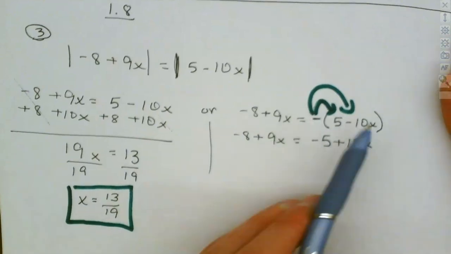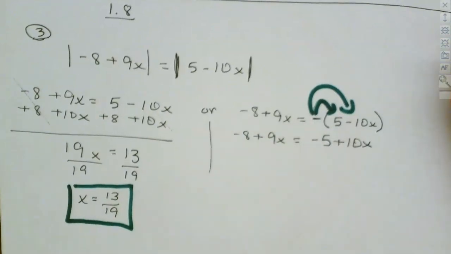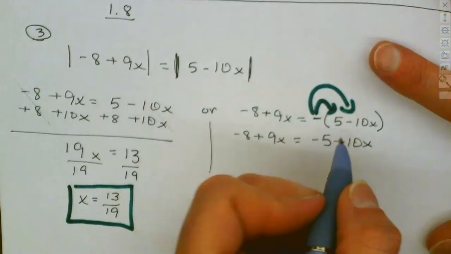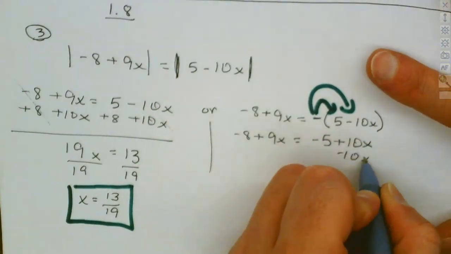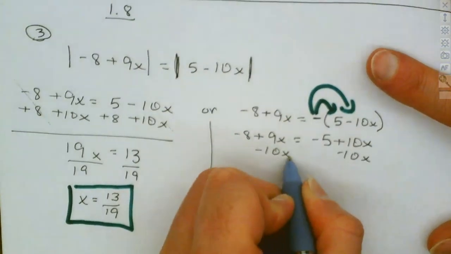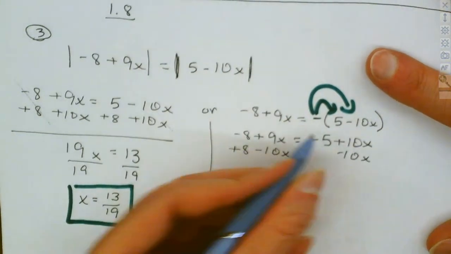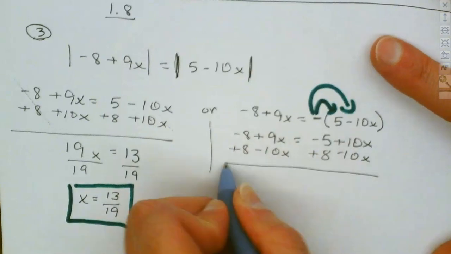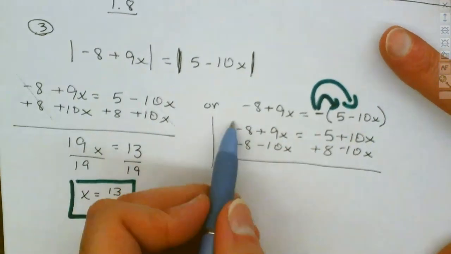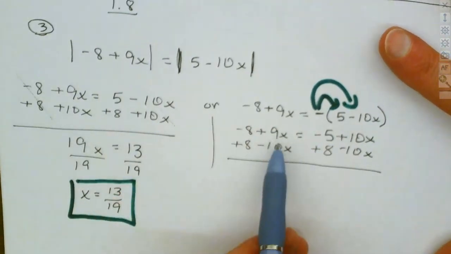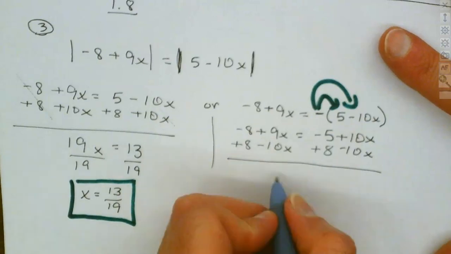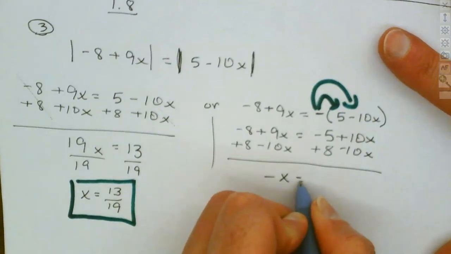Notice I draw arrows. You can add in extra steps if you need to. But we're at this point. So let's move that 10x over, and we use subtraction here. And then we'll add 8 as well. So the 8's cancel. And then we have a 9 minus 10x. That leaves you with a minus x.